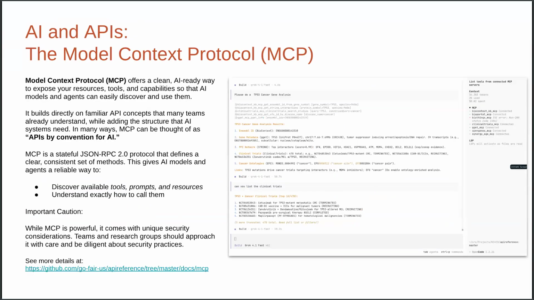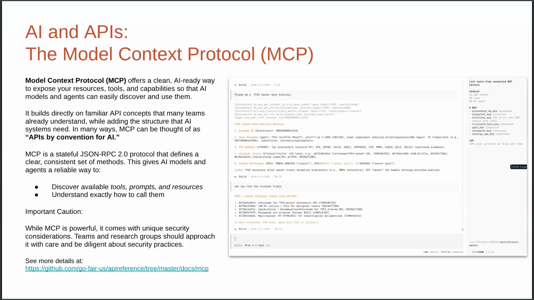So of course, you can't have a presentation anymore without talking about AI. And when you're talking about APIs and AI, probably the thing that's going to come up most is Model Context Protocol. This is the most popular way that you see this kind of connection of exposing information for the language models, for the agents. It really is an API.